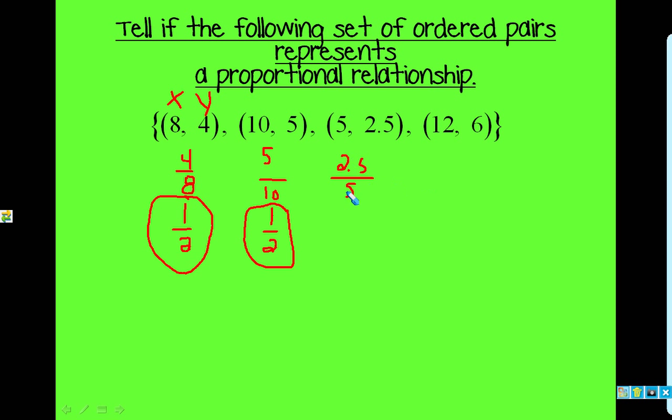It can be reduced to 1/2. And if our last one is also reduced to 1/2, it does represent a proportional relationship. So here we take our y over our x, and yes, it can be reduced down to 1/2.